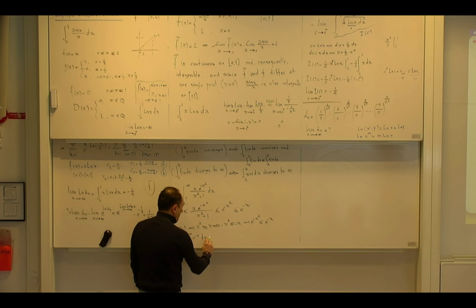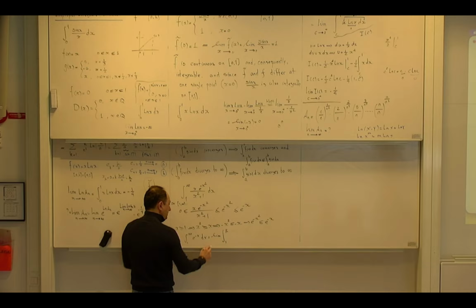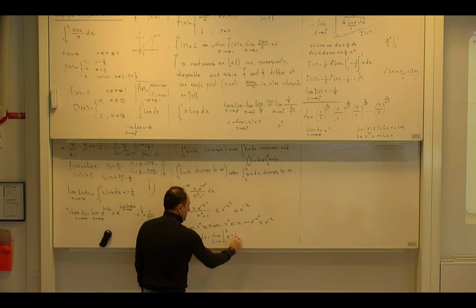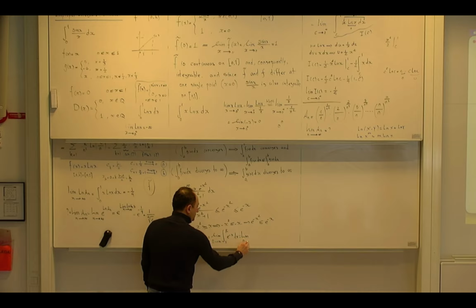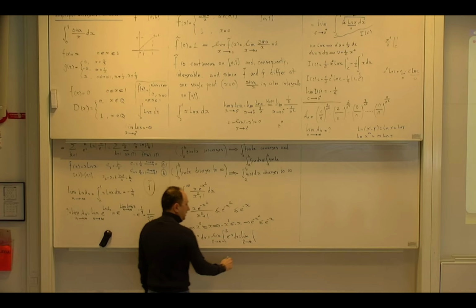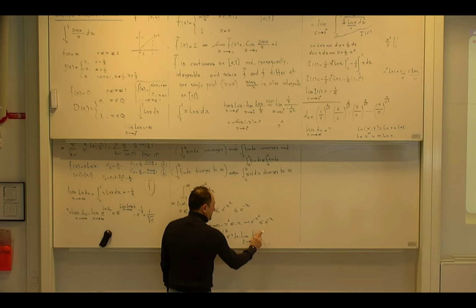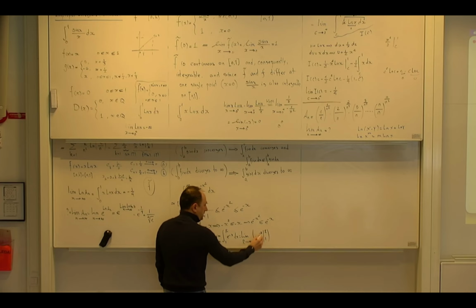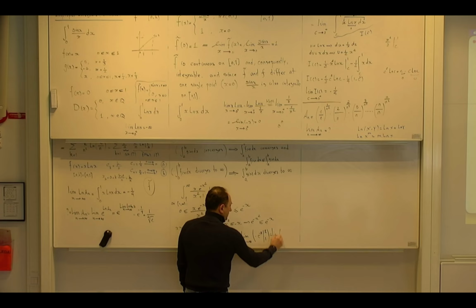So I have to write it as the limit, from the previous lesson, of the integral from 1 to r, as r goes to infinity, of e to the power minus x dx. Then it becomes the limit as r goes to infinity of minus e to the power minus x, and then I have to run it from 1 to r. Then this becomes the limit of 1 over e minus e to the power minus r, and then r goes to infinity, and the answer becomes 1.